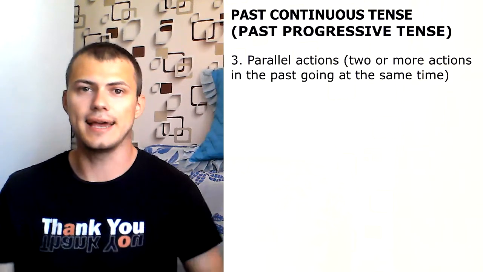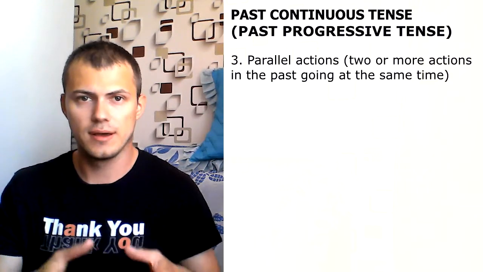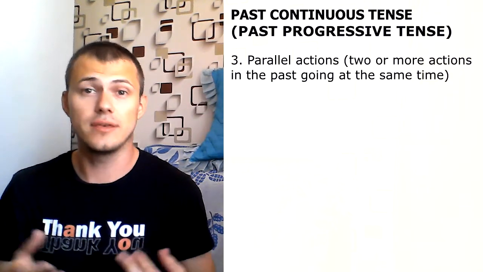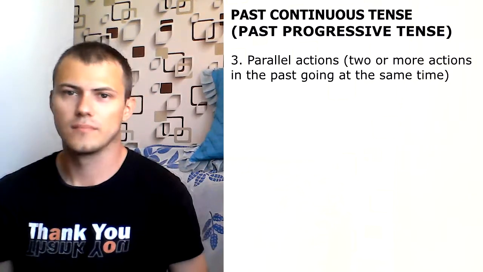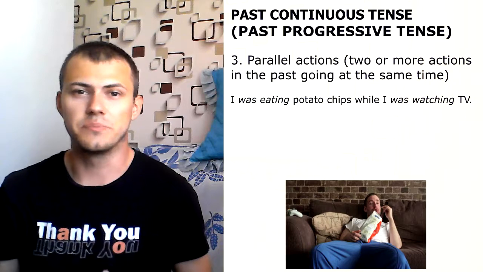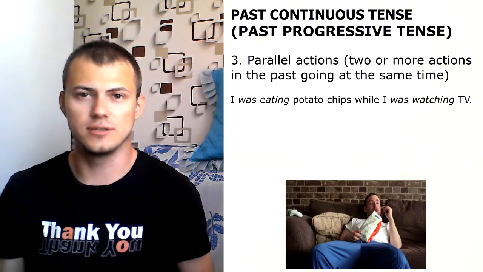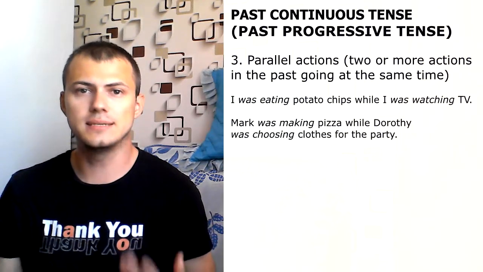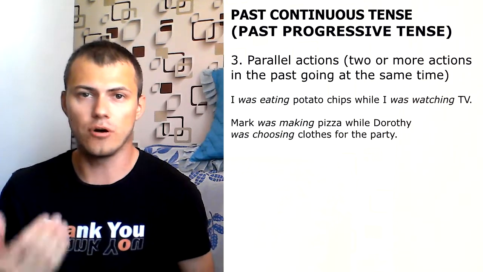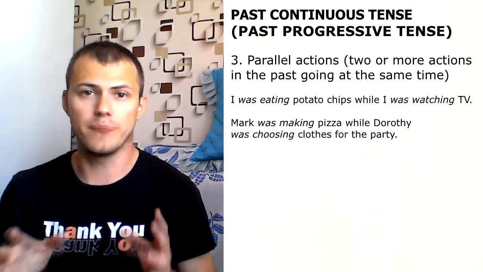In this case, in our sentences, both actions are in the past continuous tense. So, for example, I was eating potato chips while I was watching TV. Mark was making pizza while Dorothy was choosing clothes for the party.